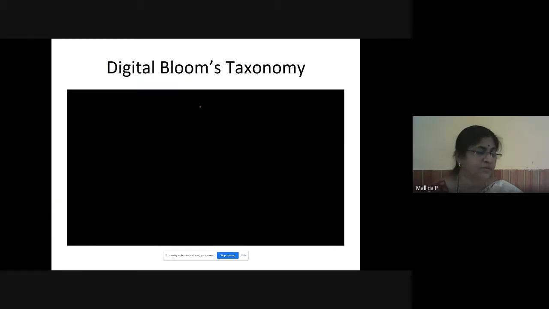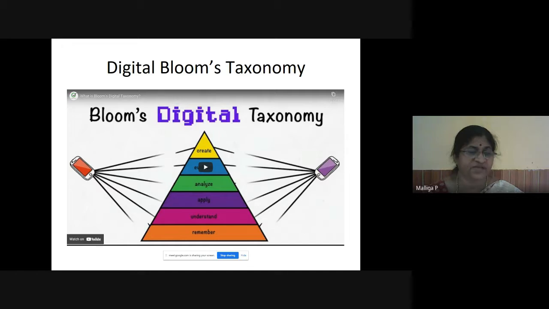So now, we have learned so far Bloom's taxonomy, right? For the cognitive domain, we saw the revised Bloom's taxonomy. Then for affective and psychomotor, Krathwohl's and Dave's taxonomy respectively.